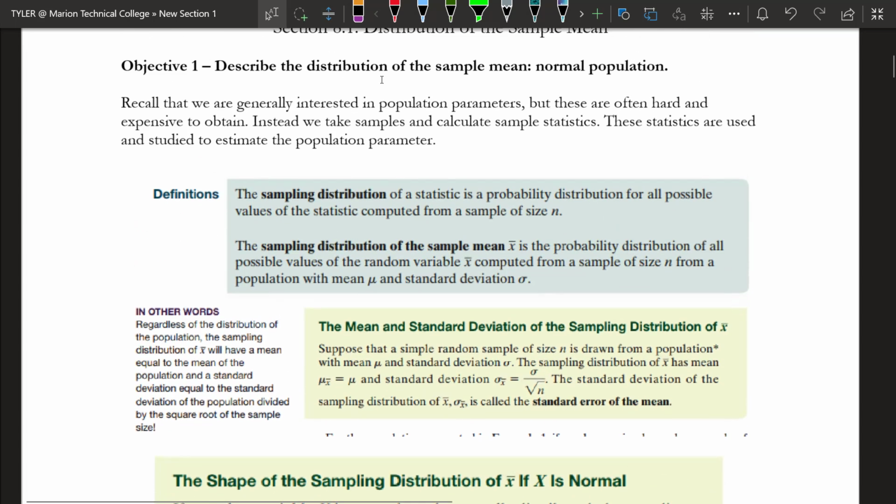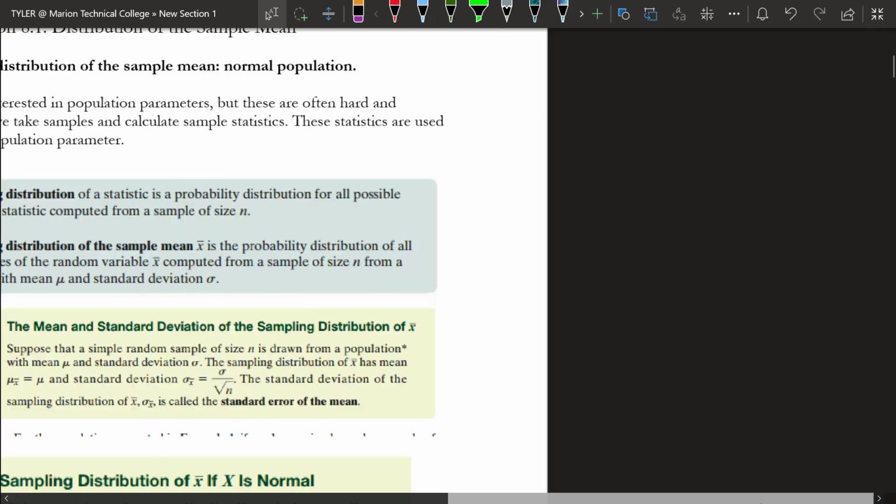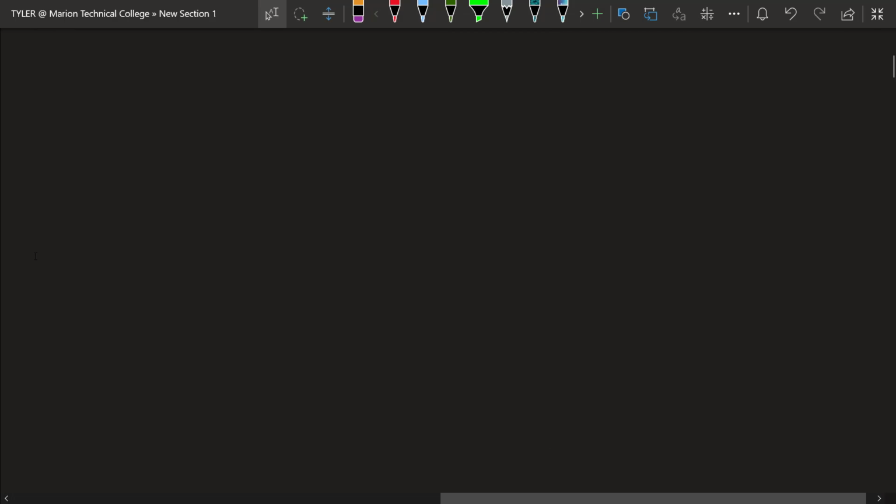So basically the idea with this section is we're going to get a specific sample size, right? So let me come over here. Let's say we're looking at the height of adult males.